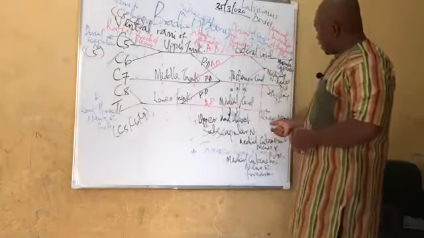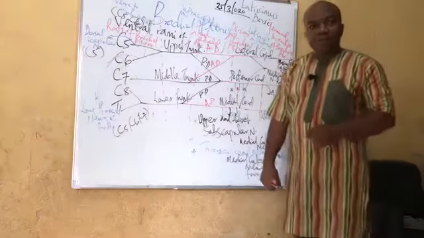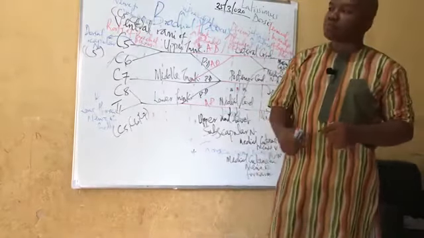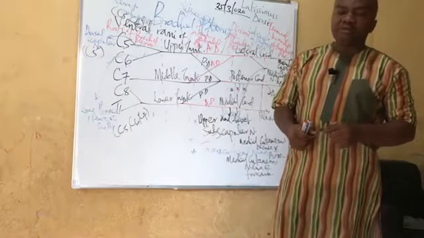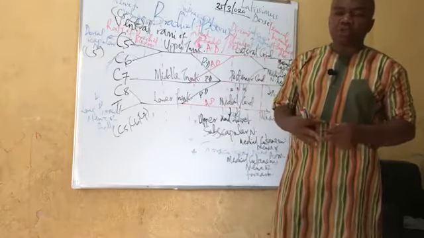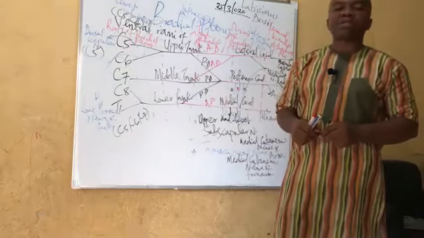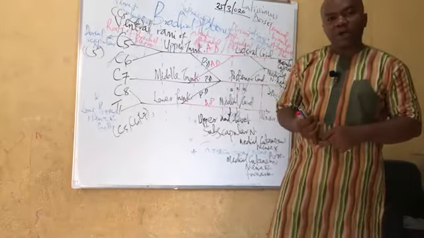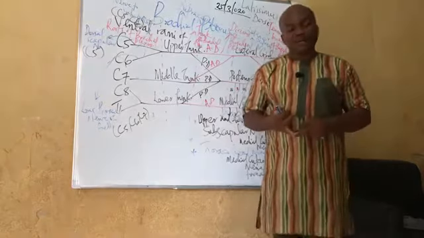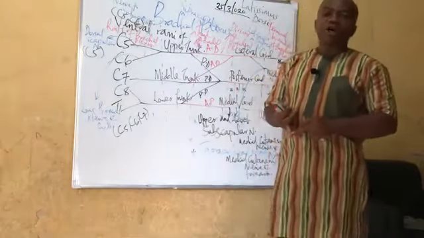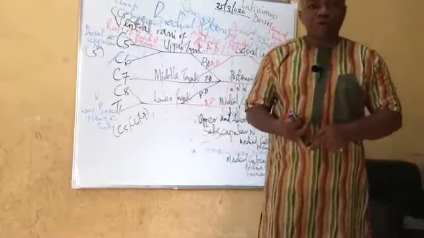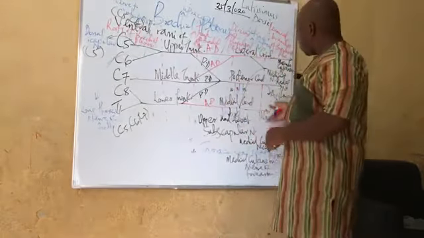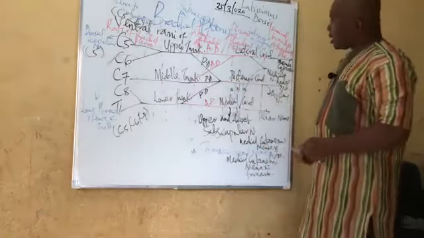So then the next one is the ulnar nerve. The ulnar nerve supplies the muscles of the medial aspect of the forearm. It supplies the flexor carpi ulnaris. It also supplies the flexor digitorum profundus and the medial two lumbricals. So that is for the ulnar nerve.